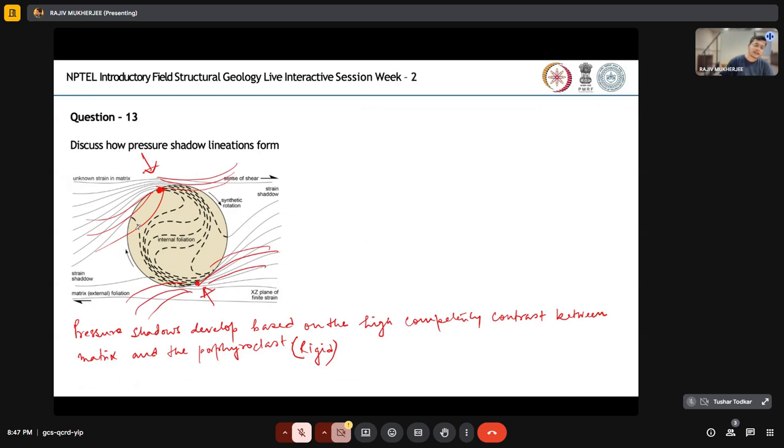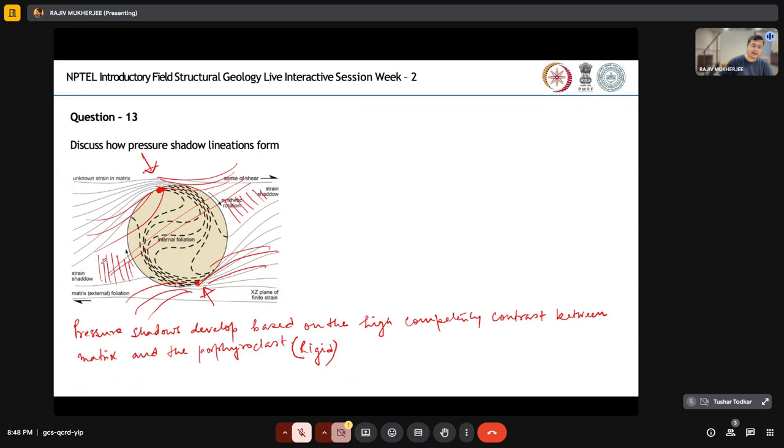And because of that, since the stresses are diverging in this direction, it creates a lack of pressure just following the equator or the middle hemisphere of this rigid clast.